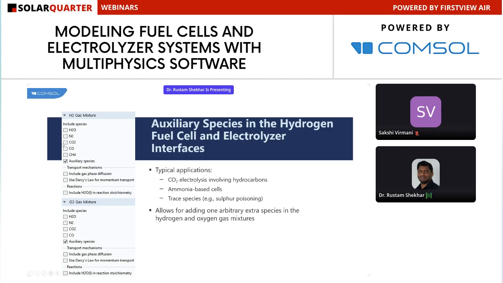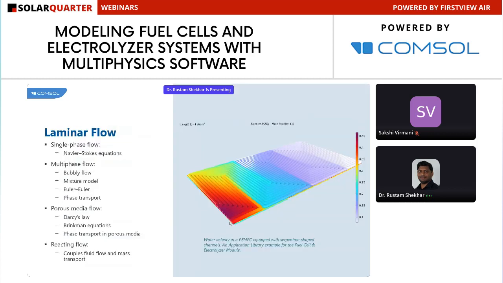So other than these five species, if you want to add one more species for tracing or for seeing the operations, then you can add these auxiliary species and allow adding one more arbitrary species at both sides. So that means you can add two species and work on different kinds of fuel cells as well.